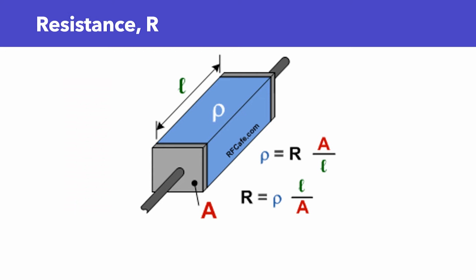Okay, here is the resistance of a conductor. This is one conductor, the area and the length will affect the resistance value of this material.